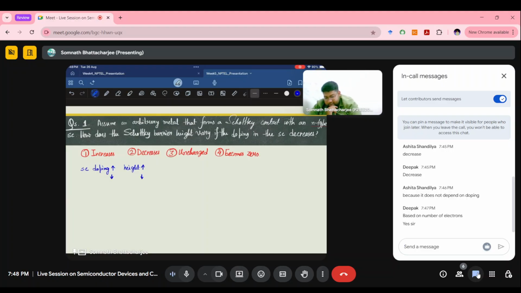So let me explain this. This is actually wrong because the Schottky barrier height is nothing but Q psi b.